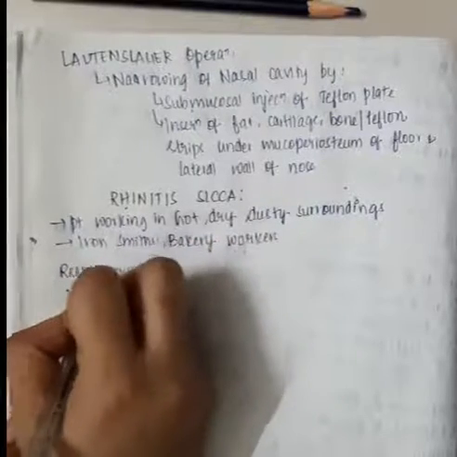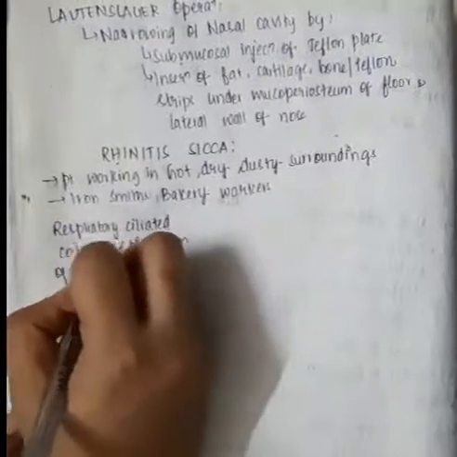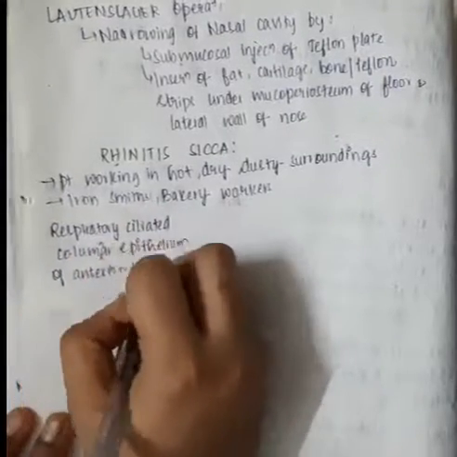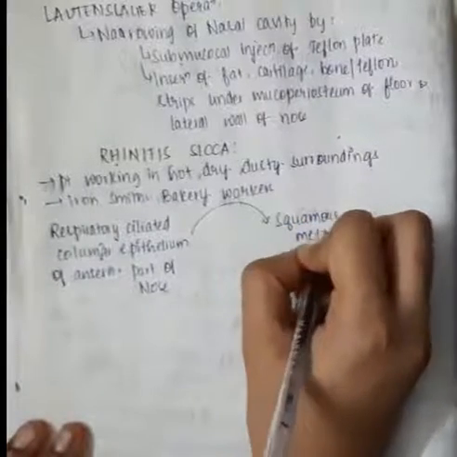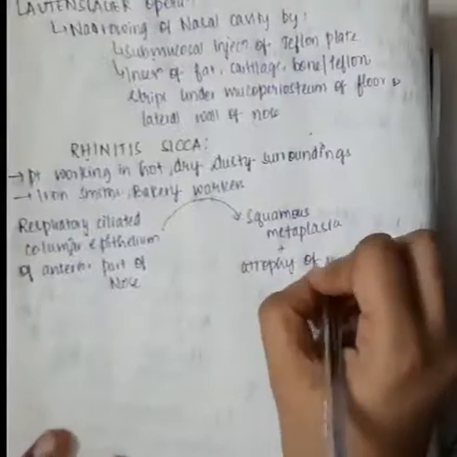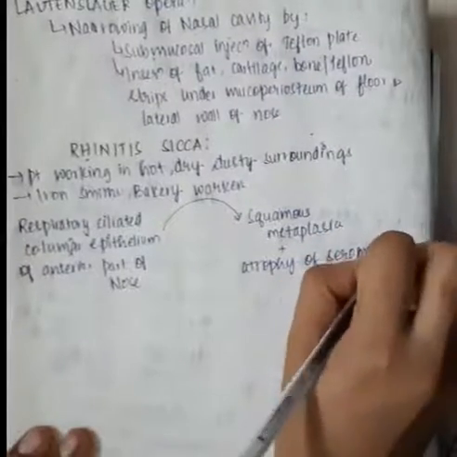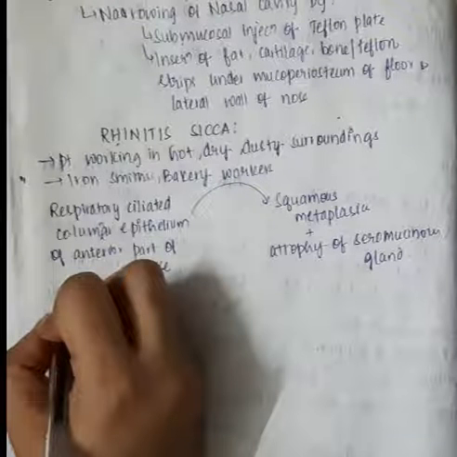The respiratory ciliated columnar epithelium, which is present in the anterior part of the nose, gets replaced by squamous epithelium, along with atrophy of seromucinous glands. This occurs mainly because of the heat from iron welding for ironsmiths, and heat from ovens for bakery workers.